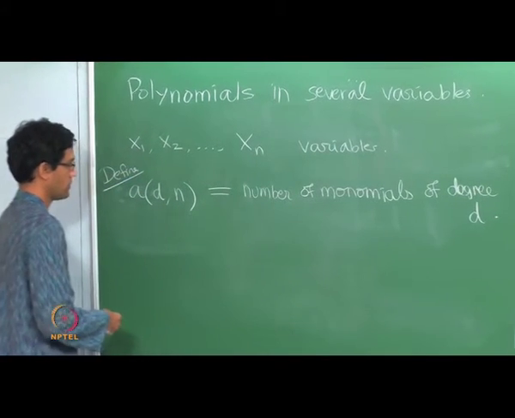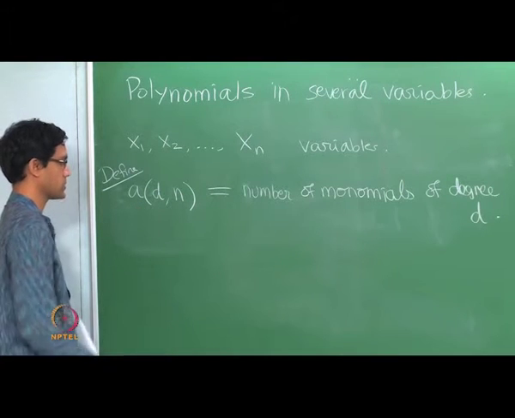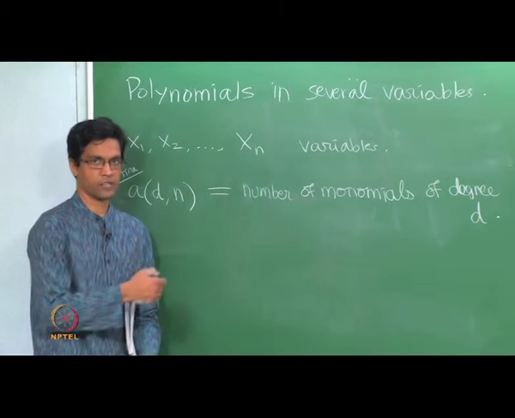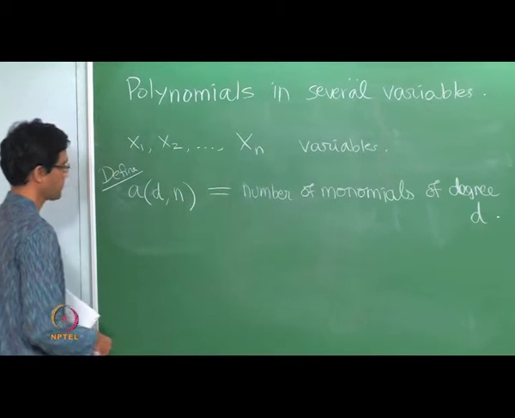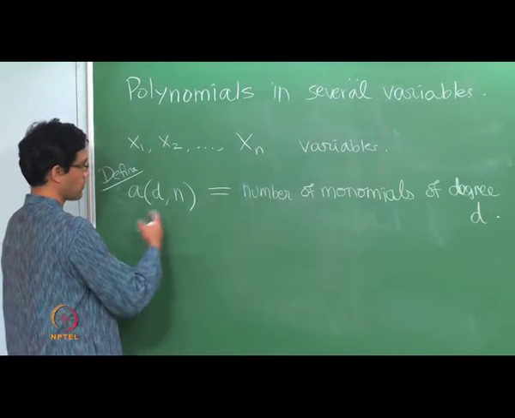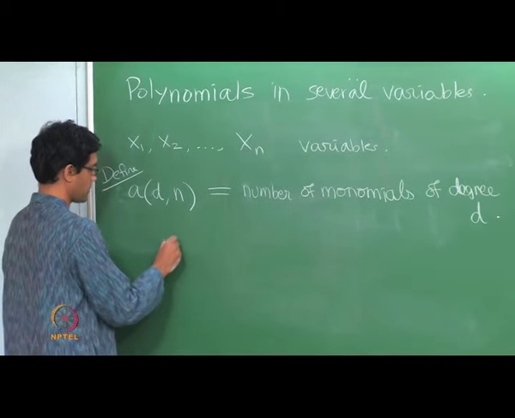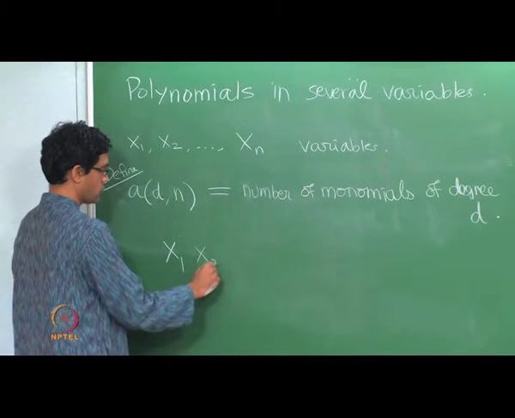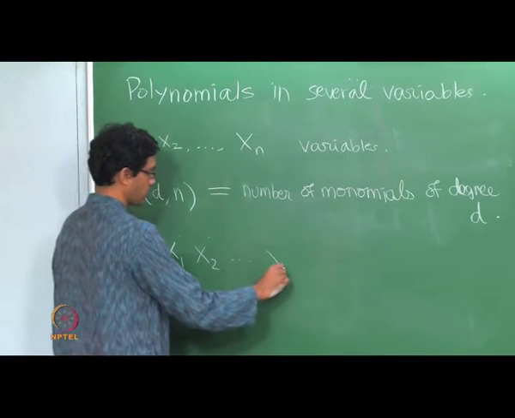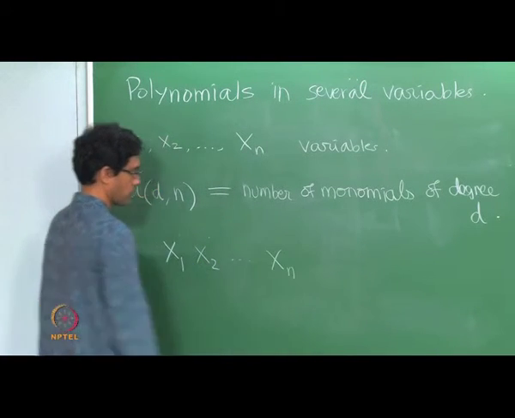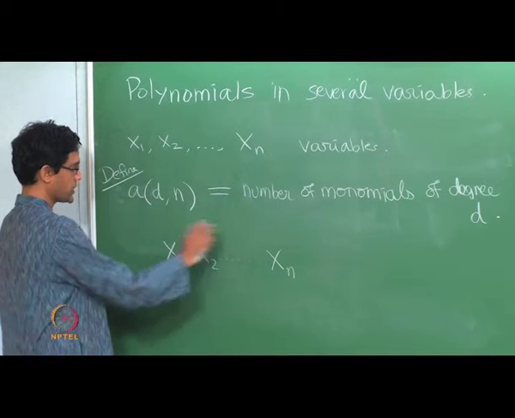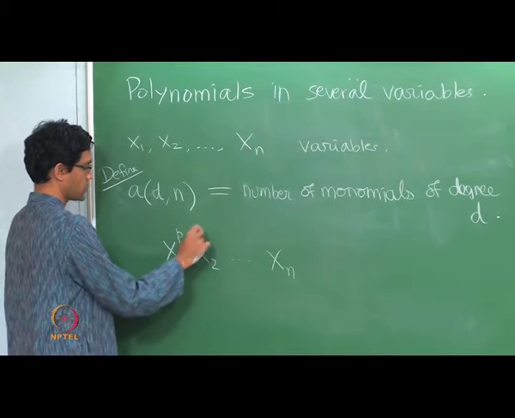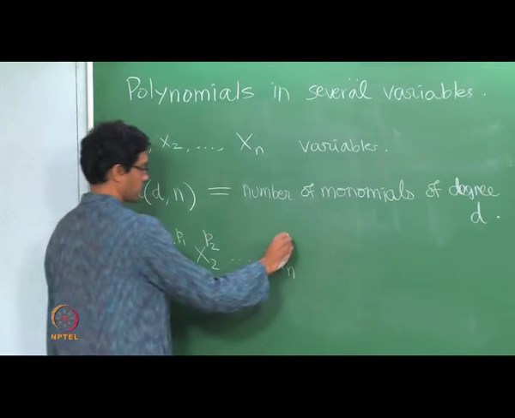Now, we looked at some patterns, we wrote down the first few values of d, we obtained a recurrence relation for d, and so on. Now, recall what is a monomial? A monomial is something of the following form, it is x1 raised to some number, x2 power something, and so on till xn raised to something. Let us call these exponents x1 power p1, x2 power p2, xn power pn.